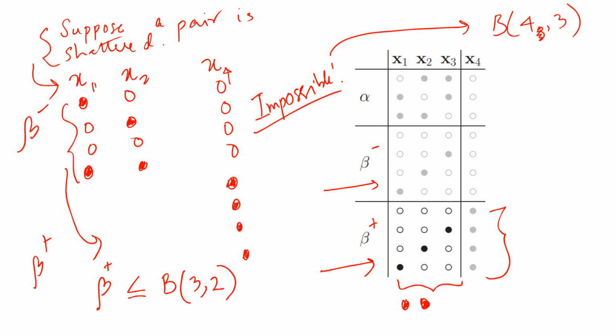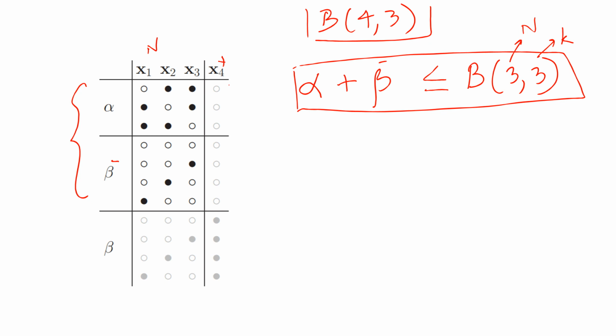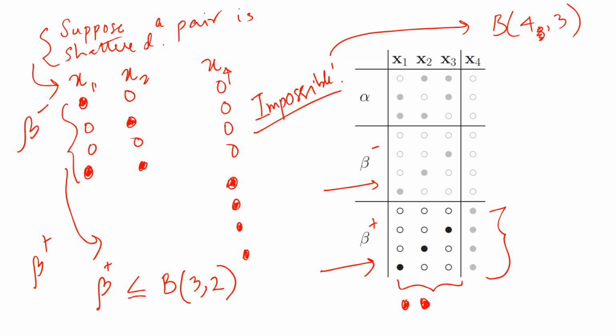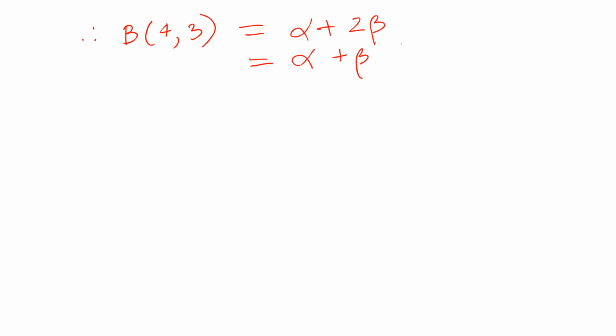Well, that's great. Now we have 2 results, one for alpha plus beta negative and one for beta positive. And by the way, this beta negative and positive are essentially the same thing. They are betas, right? So going back to our original definition, for this example, we earlier said that it was equal to alpha plus 2 beta, which in turn is equal to alpha plus beta, right?